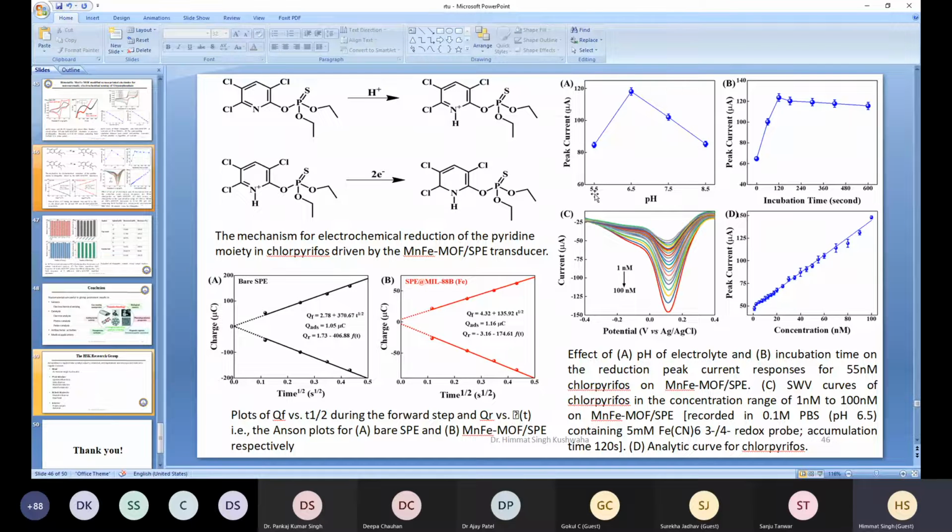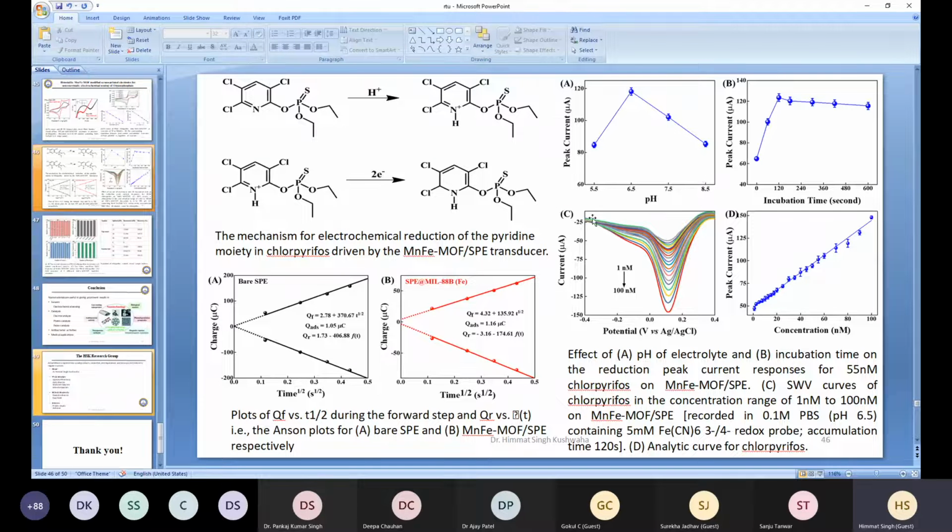To optimize the conditions, the sensing experiments were performed at different pH and different incubation times, as this is a miniaturized device like screen printed electrodes. The signal depends on the incubation time also, and it should be optimized for the repeatability of the sensing experiments. The optimized pH is around 6.5 for this fabricated sensor.